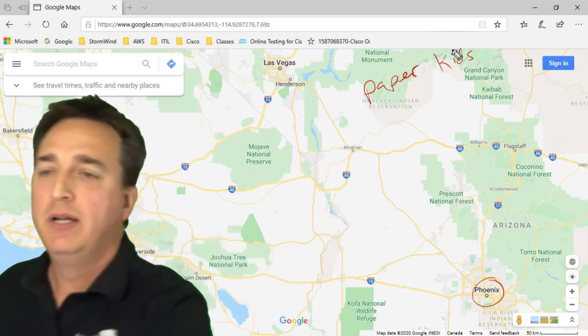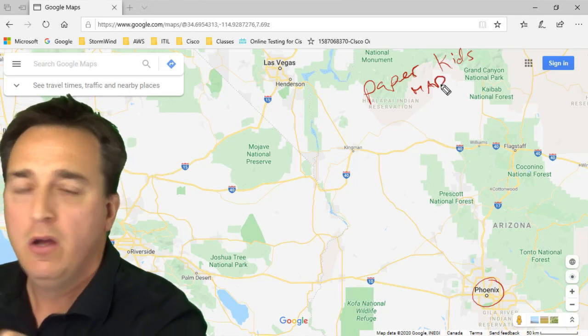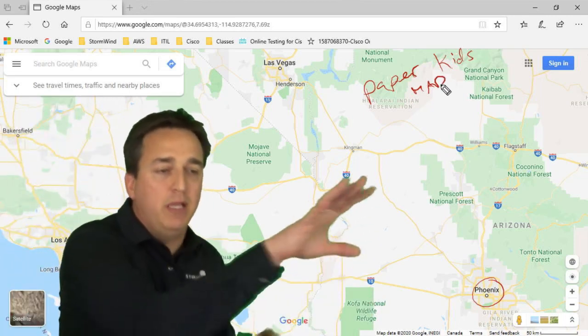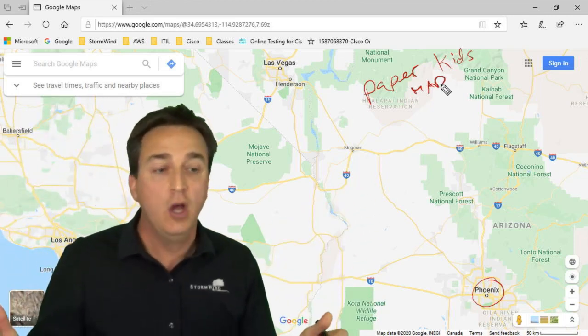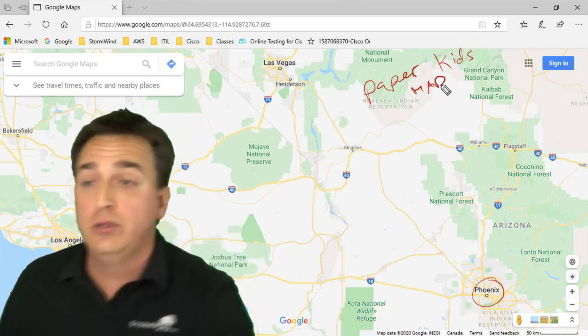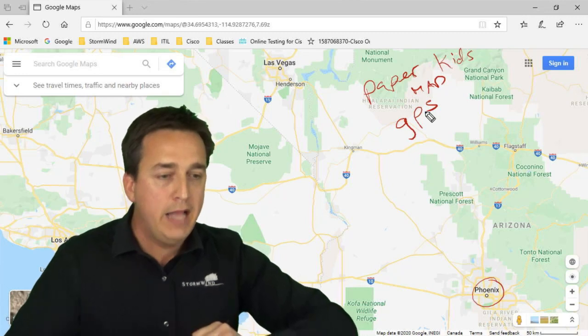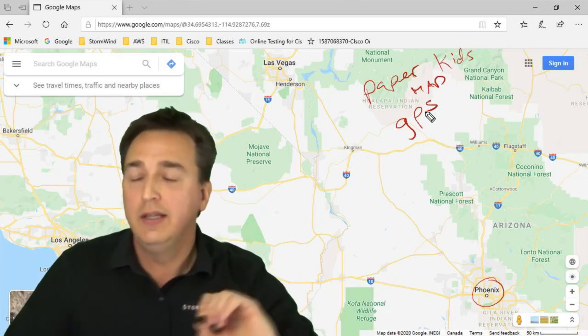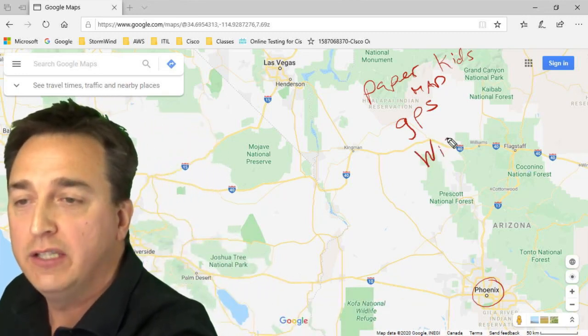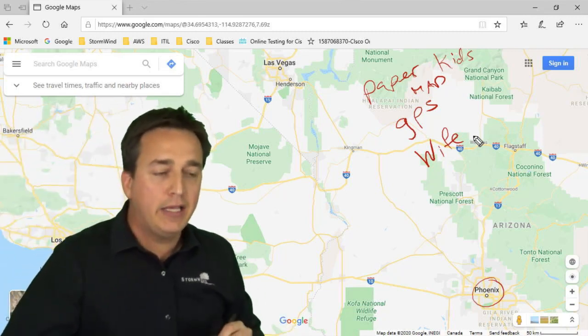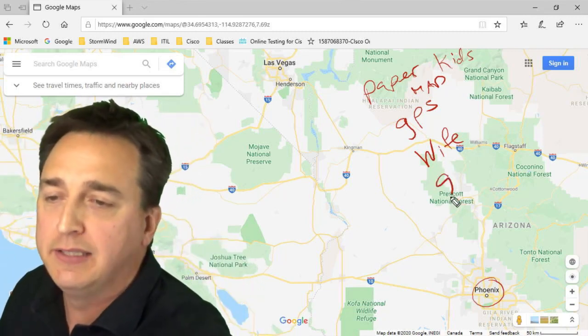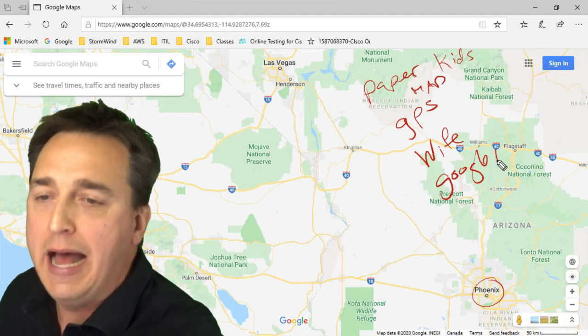So paper map the kids are holding. What else could I utilize to guide me from Phoenix to Las Vegas? I could use the GPS that's part of the vehicle. I could have my wife give me directions on this journey. And then I could use Google Maps as an example. So we could go with Google Maps.